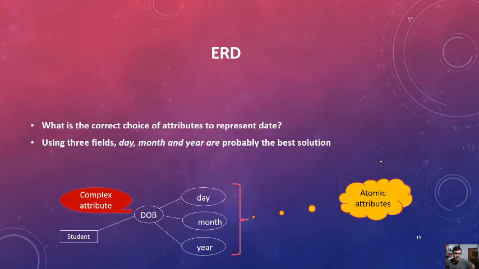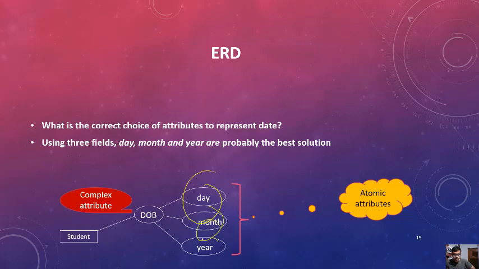If we use the date of birth, DOB, this is one choice, and another choice is that you break down this date of birth and create day, month and year. If we create DOB, the date of birth is written as 12/11/1986. So this is called a complex attribute.